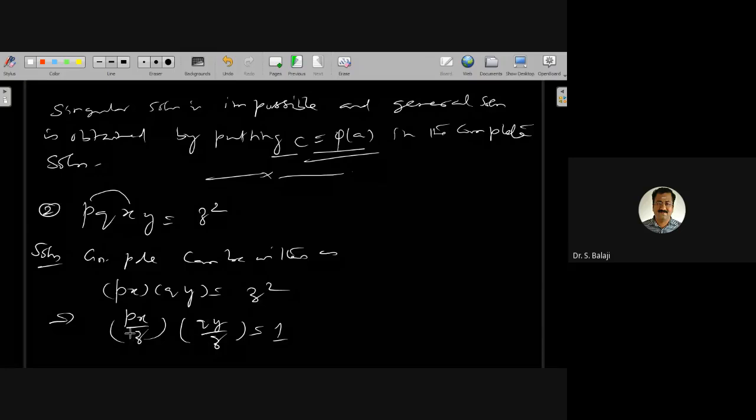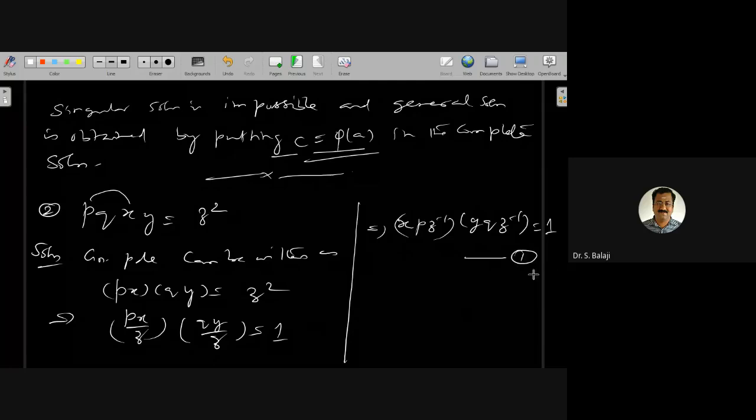Or divide by z square means put 1 by z here, 1 by z here, then you can get this relation here. You can write it as xp z power minus 1 and similarly yq z power minus 1 equal to 1. This is the given equation.